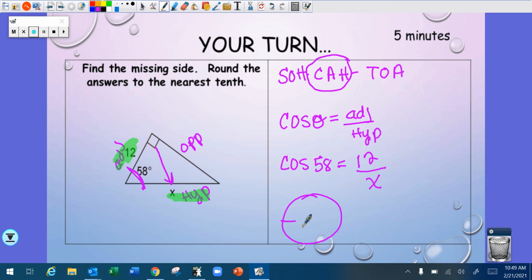So here, cos of 58, 12, x. Oops. You can take your pencil and shade. I'm trying to find x, so I would say x equals, and write just what you see: 12 over cosine of 58.